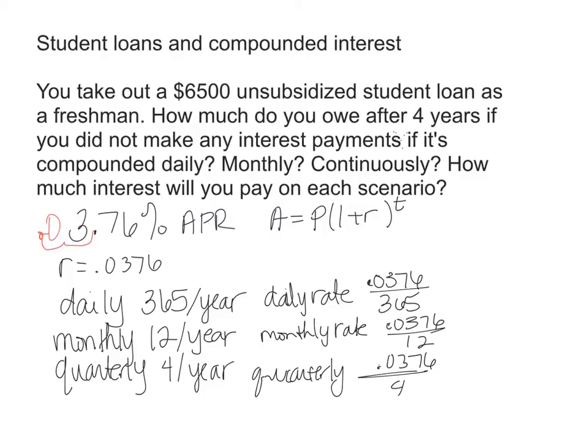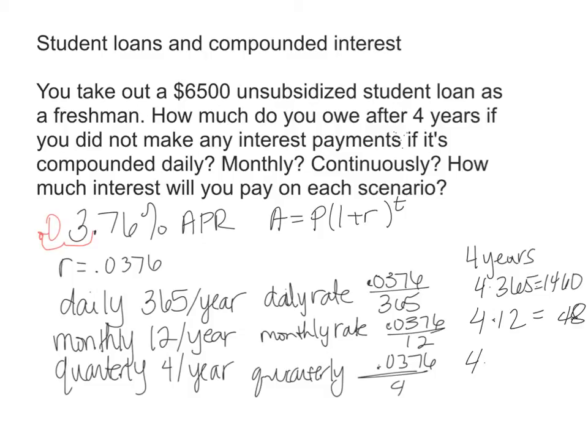So for example, for 4 years, the number of times it's going to get compounded if it's daily is 4 times 365, which is 1460, I believe. Monthly would be 4 times 12, which is going to be 48 times.